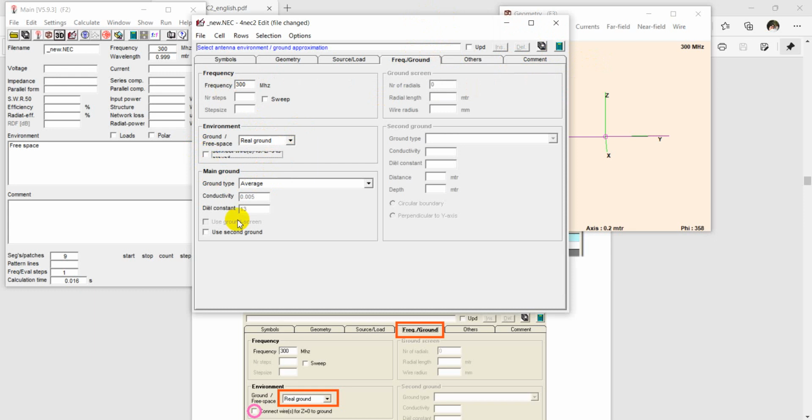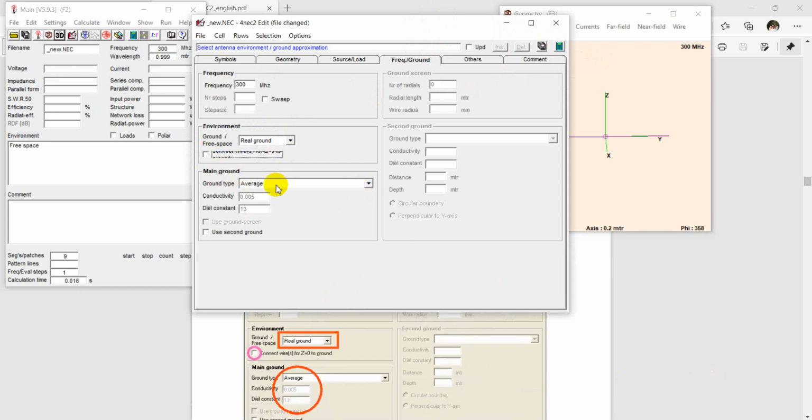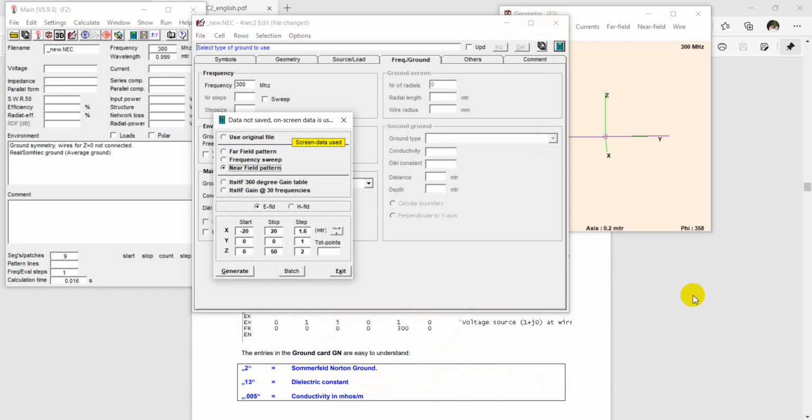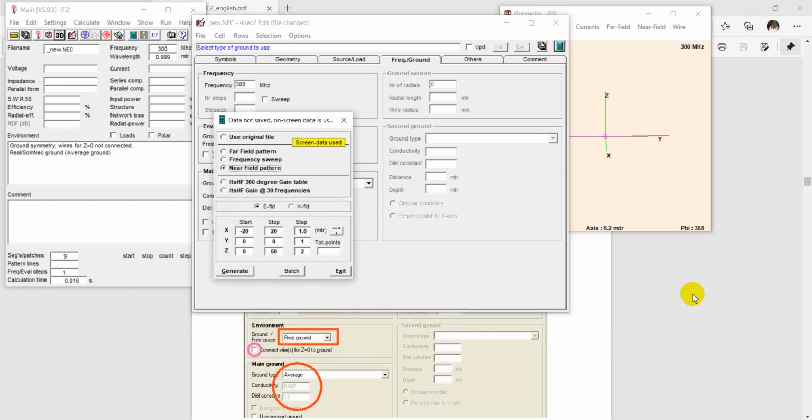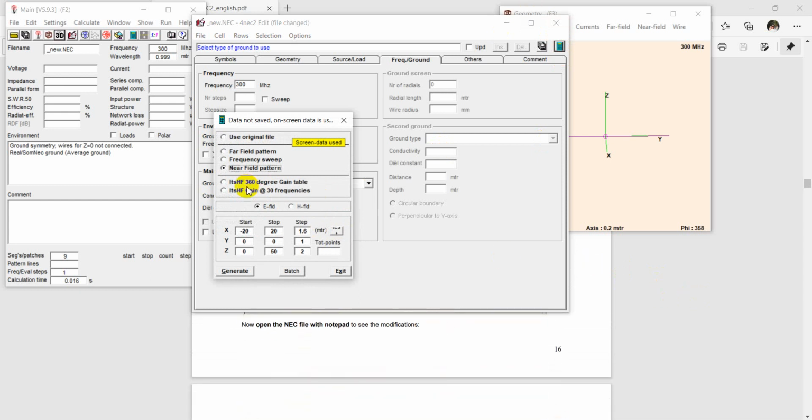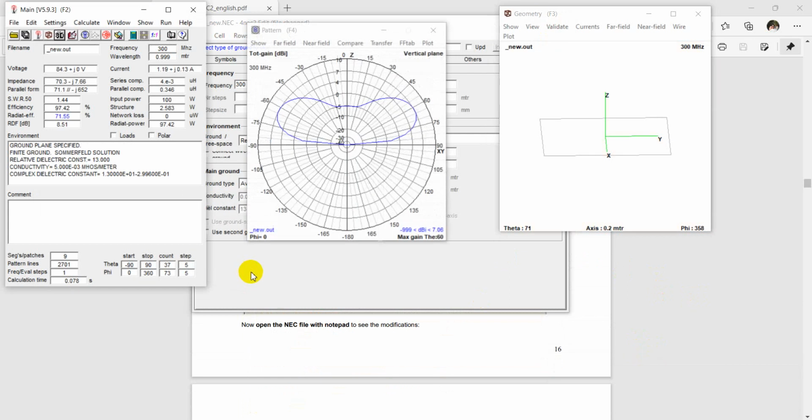And put the check mark and set this portion. By default it is in moderate mode, but you have to put this in average section. Then you have to run this parameter. When you run this parameter, at the far field pattern section you will find this type of radiation pattern.